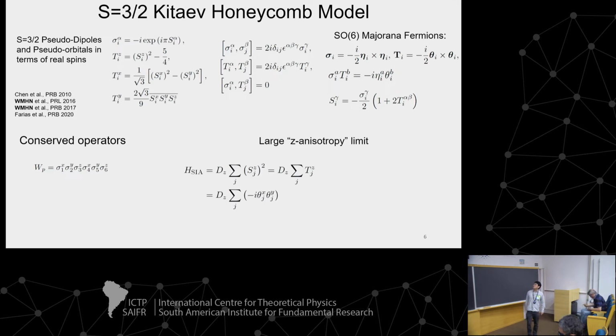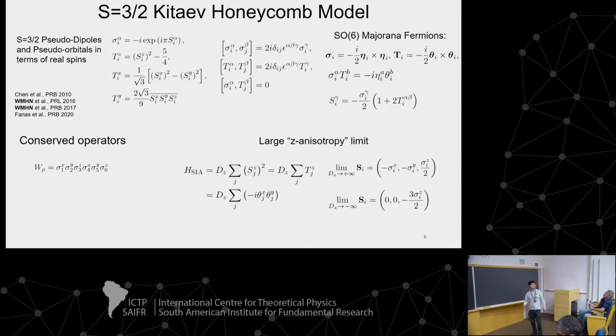model. Another advantage is we can introduce a different single-ion anisotropy in relation to the one I showed before. That's just proportional to this TZ pseudo-orbital. And when you insert this as a perturbation to your Kitaev model and lead this DZ parameter to the infinite limit, effectively what you're doing is projecting your real spin into the pseudo-spins.